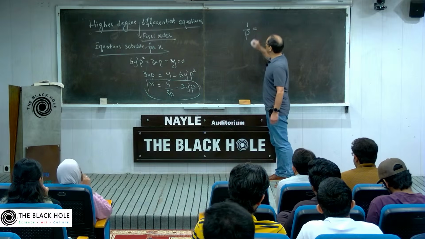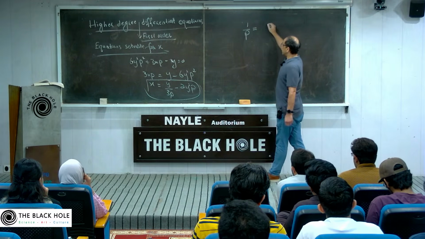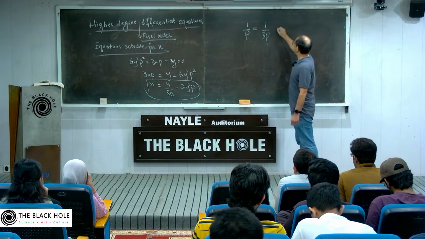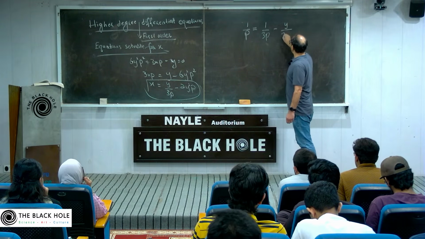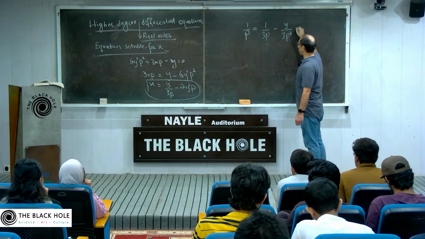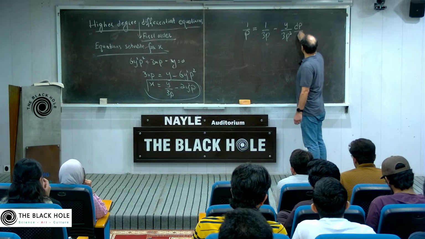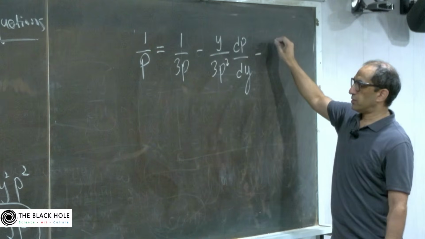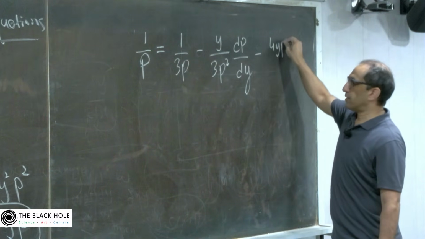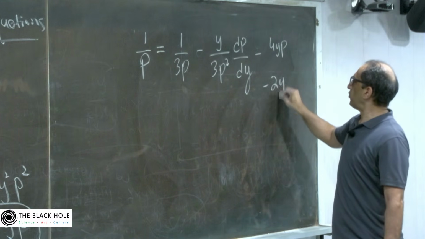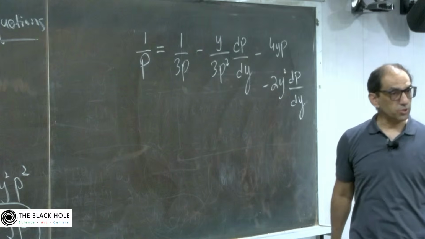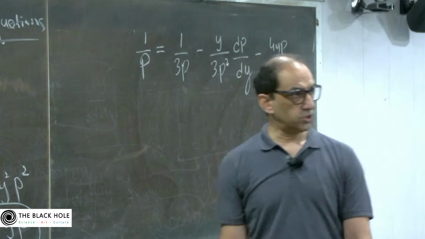So you will have 1 over p is equal to 1 over 3p minus y over 3p squared dp over dy minus 4yp minus 2y squared dp over dy.